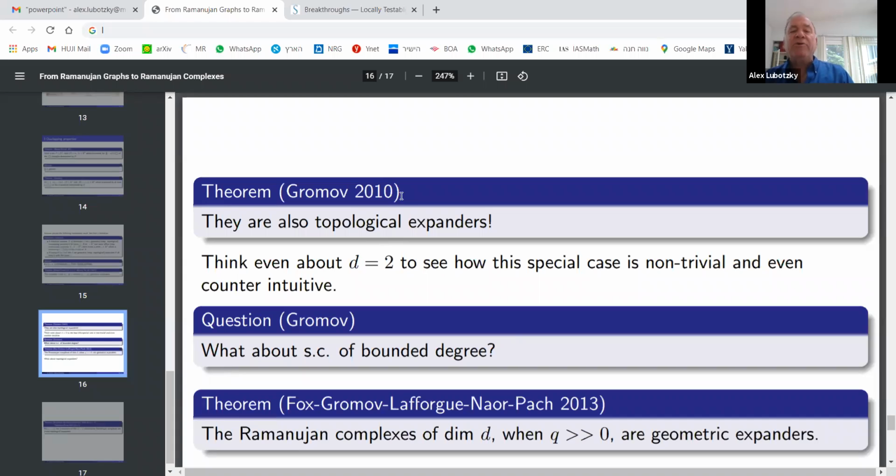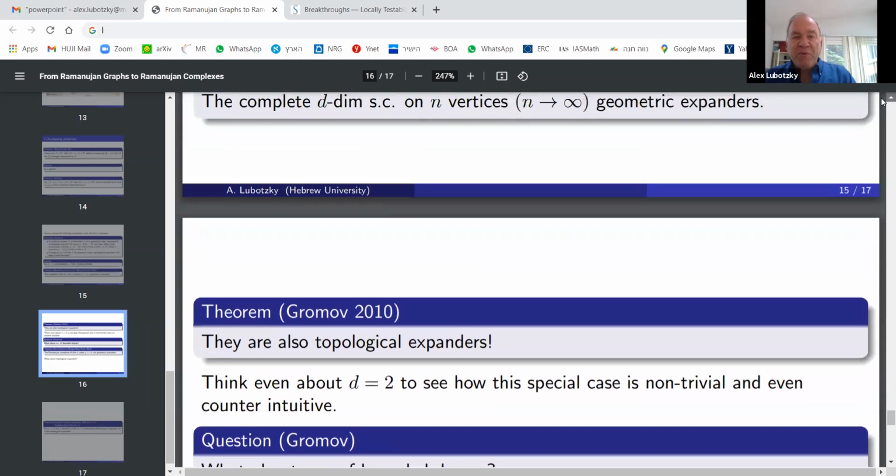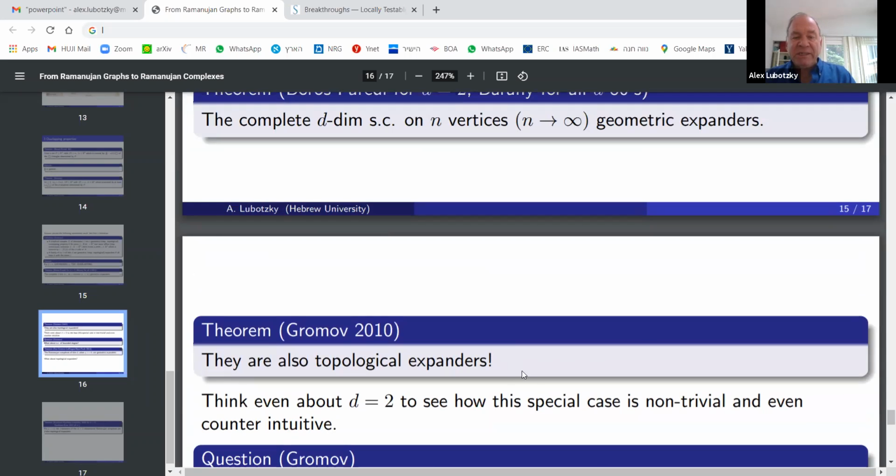It's really an amazing theorem. If I had more time and a blackboard, I would try to draw for you, just try to draw for yourself the meaning of his theorem for dimension 2, and you will see that it's very difficult to believe that this theorem is correct. He proved that the full simplicial complexes are also topological expanders.